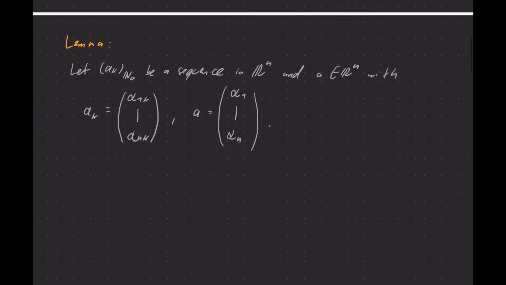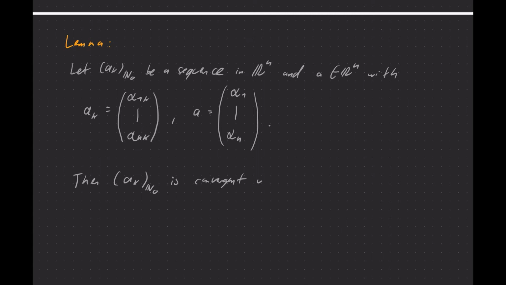And then the sequence is convergent if and only if the coordinate sequences also converge. Then (a_k), k in N_0, is convergent with limit a if and only if for each i from 1 to n the following holds.